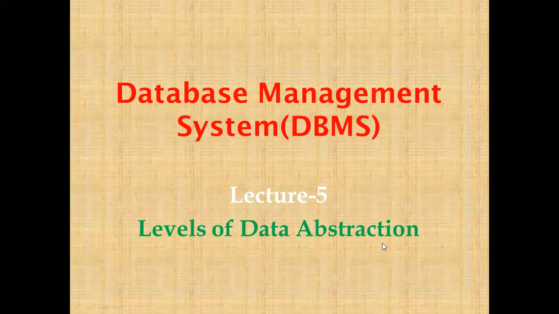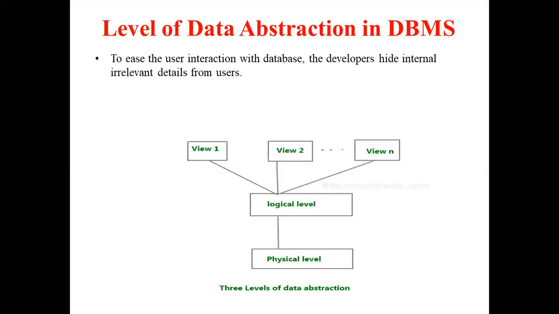Today we are going to continue our lecture with levels of data abstraction. In the last lecture, we have just seen what data abstraction is. A database is a collection of very complex data, and to represent it, we use a number of data structures.